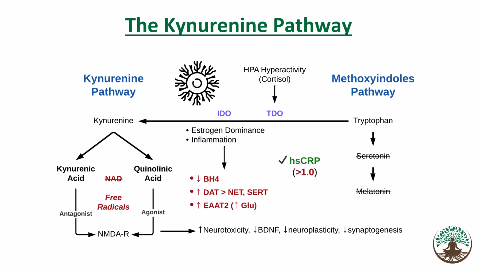Under the influence of this process, tryptophan is shunted from the methoxyindoles pathway into the kynurenine pathway. Instead of converting into serotonin and ultimately melatonin, tryptophan is converted into kynurenine. Here, kynurenine is broken down into kynurenic acid and quinolinic acid.